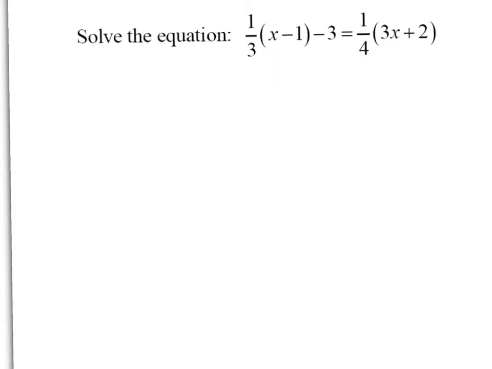What is the least common multiple for 3 and 4? For 3 we have 3, 6, 9, and 12. For 4 we have 4, 8, 12, and so on, then 16. We need to find the LCM, the least common multiple. As we see, 12 is the least common multiple.